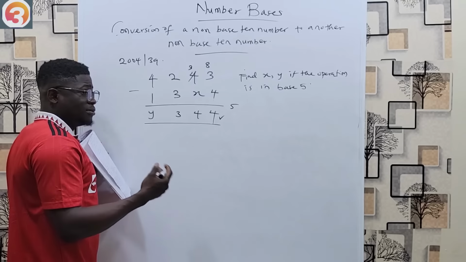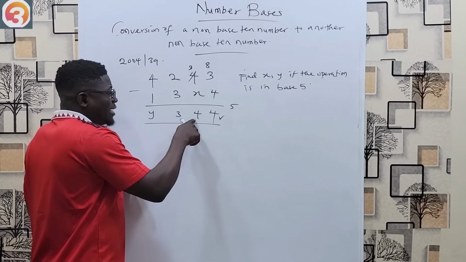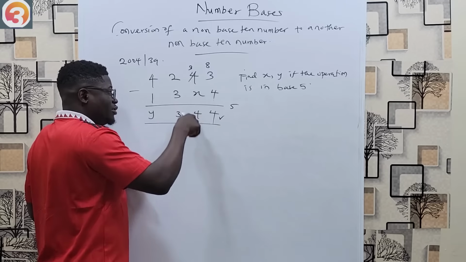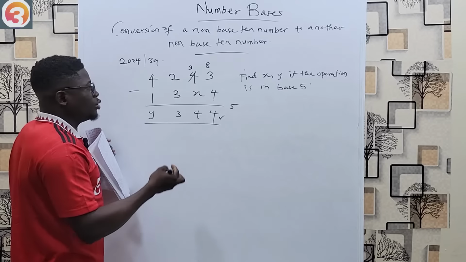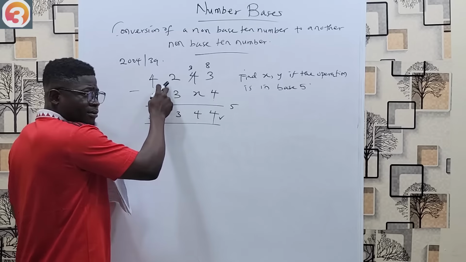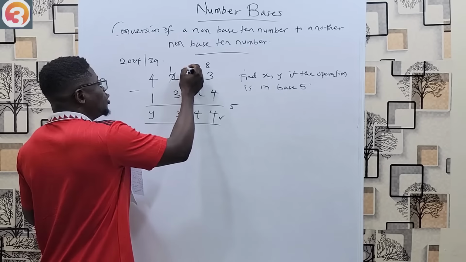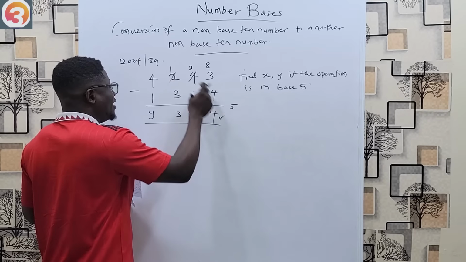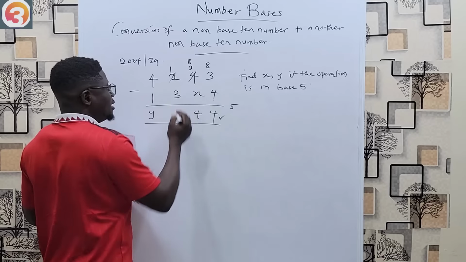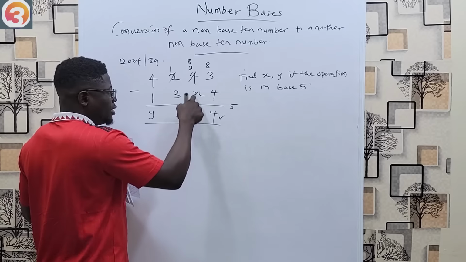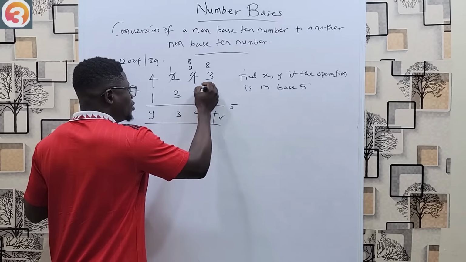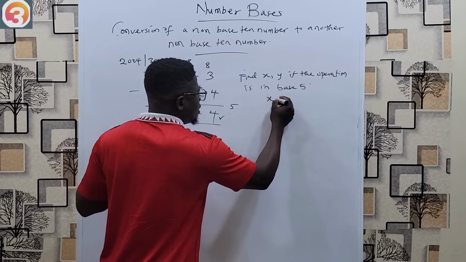Our answer here is 4. So 3 minus 4 also cannot be done, so we need to borrow from this place. If you borrow 1 from here, it becomes 1. That 1 you are borrowing is 5. 5 plus 3 here is 8. So 8 minus 4 will be 4. x will be equal to 4. So x is 4. I found x.